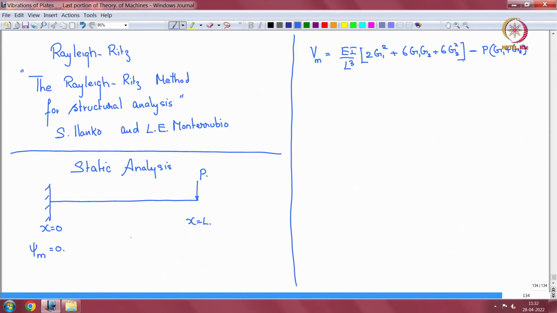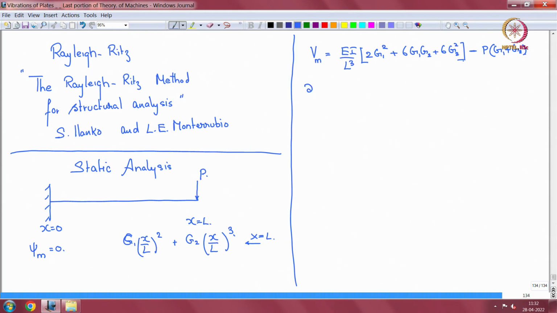One term was G1 x by L whole squared and the other term was G2 x by L whole cube. So as x is set to L, you get G1 and G2. So this is the energy from the external load.